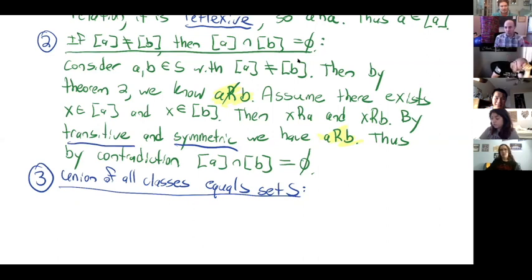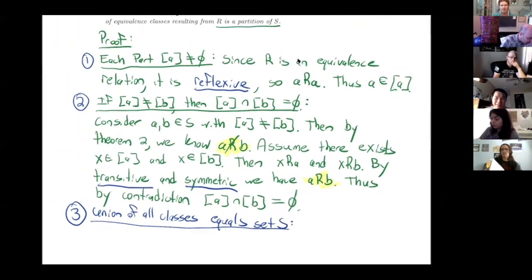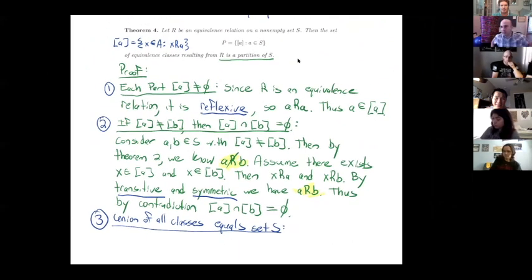So very informally, a partition means that we're going to divide the set up into subsets, and each element of the original set should appear in exactly one of those subsets and not more. So any questions about this, since this is where we ended things last time?